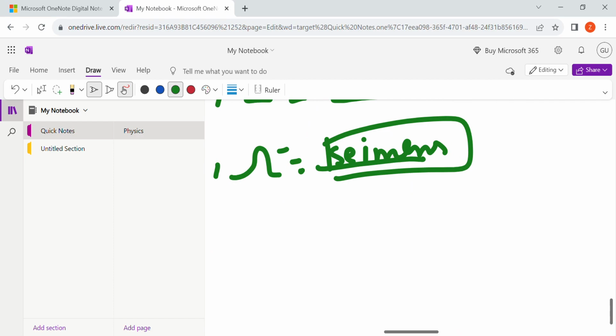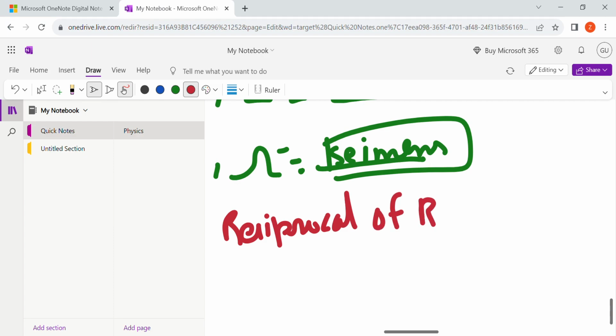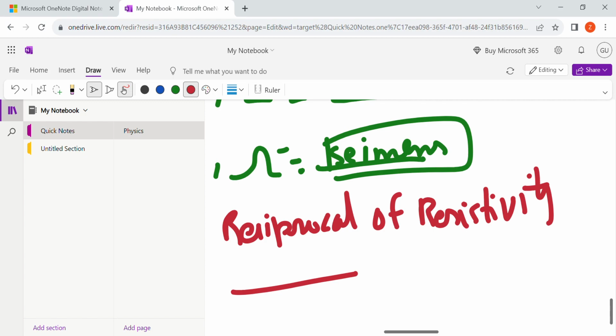But when it comes to the reciprocal of resistivity, what? Reciprocal of resistivity. अब आप खुद बताएं, दिमाग में सोचें. It would be conductivity. The reciprocal of resistance is known as conductance. The reciprocal of resistivity is known as conductivity.